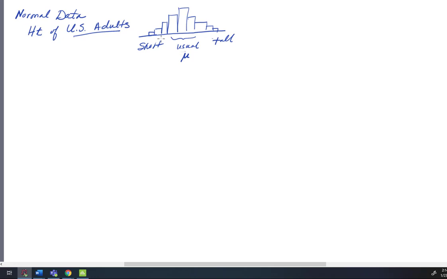Now, of course, a good question is: is the U.S. height data normal? Well, that's a question not unlike the average weight of feral hogs in Texas that we talked about. You really would have a heck of a problem getting hold of all height data for U.S. citizens.